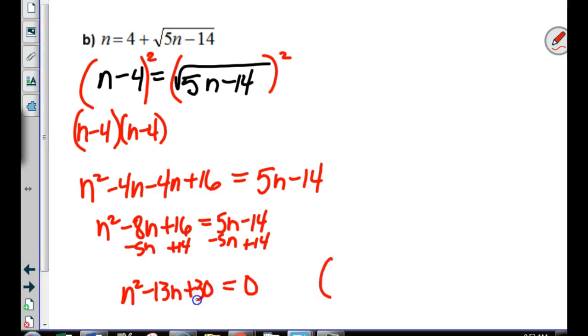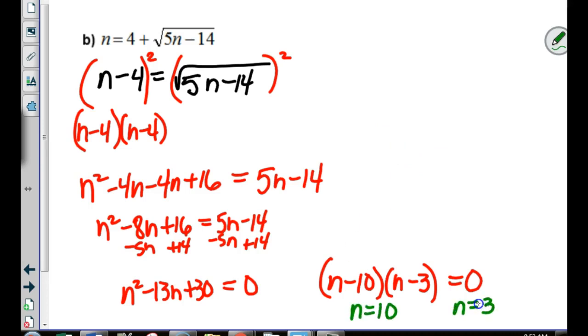But we need a positive 30. Yes, so n minus 10 and n minus 3, does that work? 3 times 10 is 30, 2 negatives, negative. Okay, so my solutions are 10 or 3.